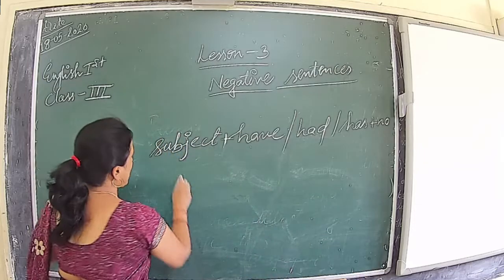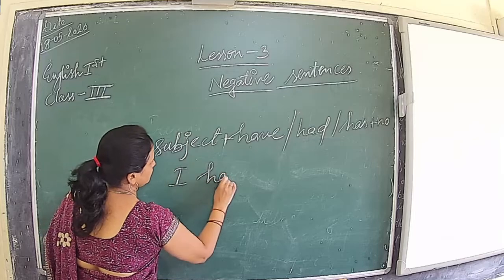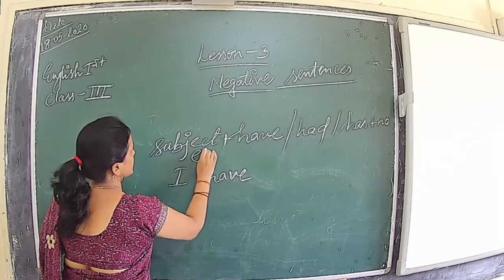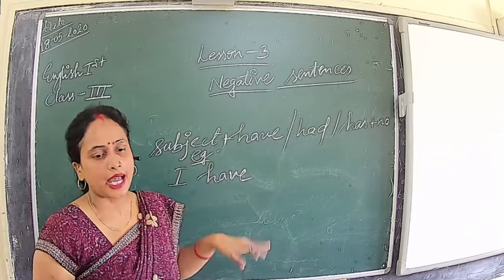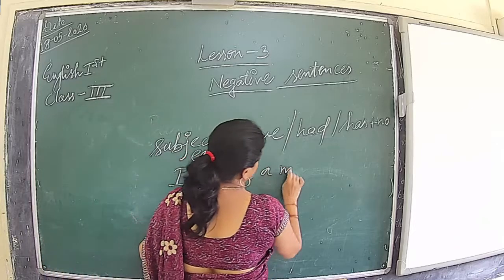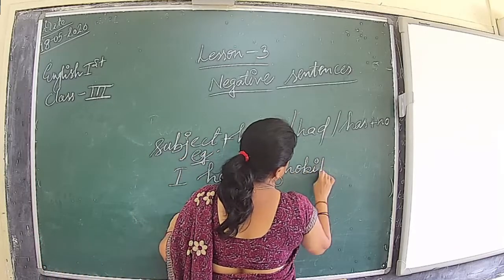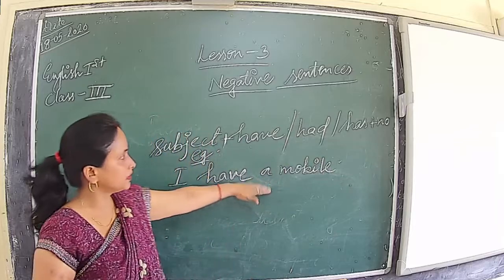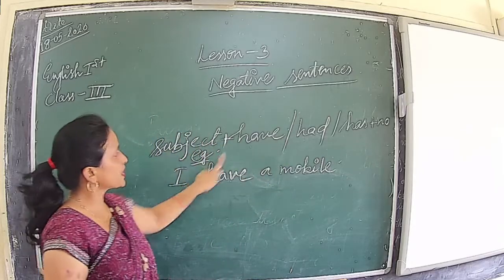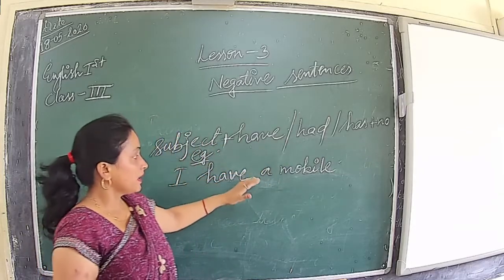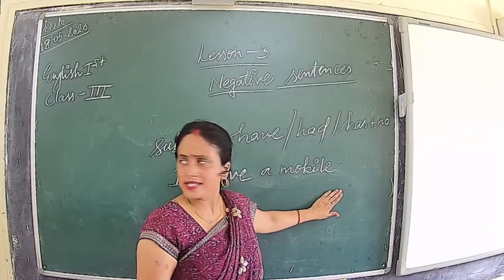Now you see, for example, I have a mobile. I is the subject, have, a mobile. This is a positive, affirmative sentence.